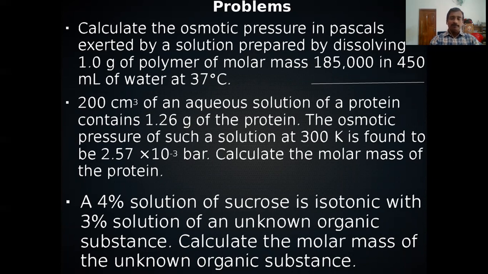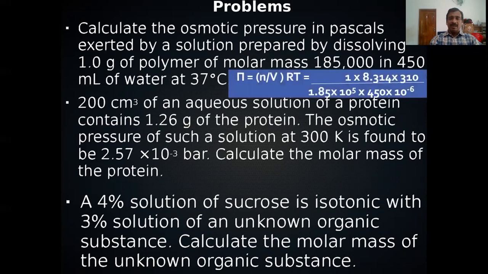So you can see the substitution here: 1 into 8.314 into 310 divided by 1.85 into 10 raised to 5 into 450 into 10 raised to minus 6. And the answer is 30.96.